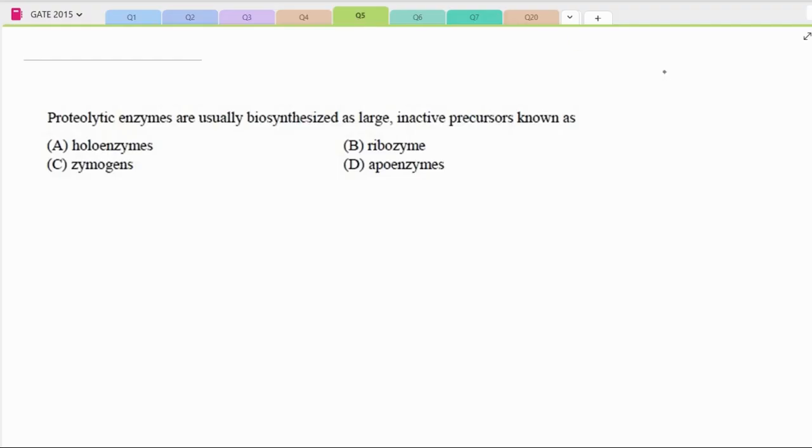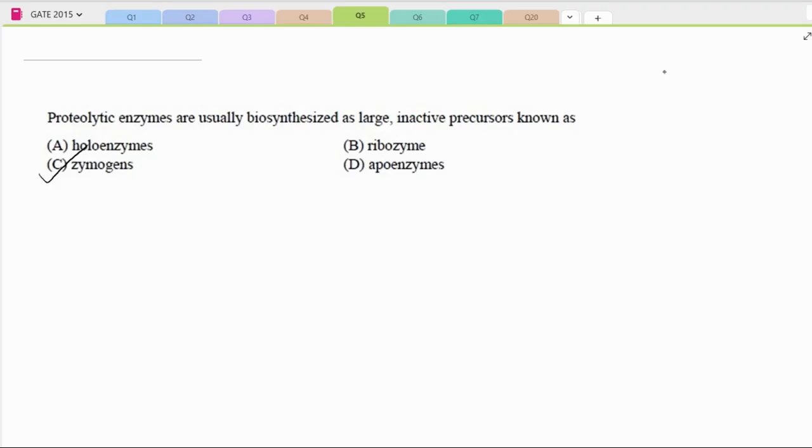Proteolytic enzymes are usually biosynthesized as large inactive precursors known as... the correct answer here is zymogens. It's not holoenzymes, it's not ribozymes, which are catalytic RNAs, and it's also not apoenzymes, which lack the active site molecules.